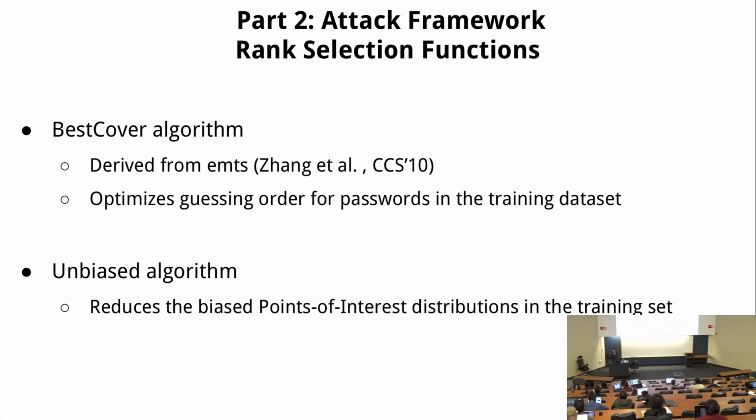One is called best cover. That one is basically an NP-complete problem. We proved that in the paper. The goal of that algorithm is to optimize the guessing order for passwords in the training data set. So if we apply that algorithm back to our training data set, it will generate the optimum guessing order, the least number of guesses to crack all the passwords in the training data set.